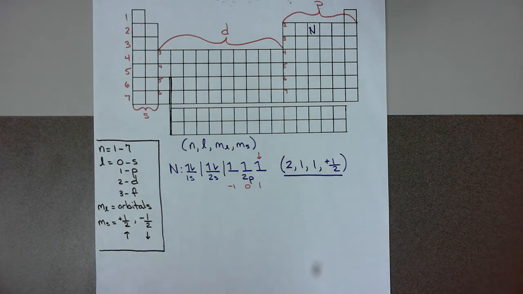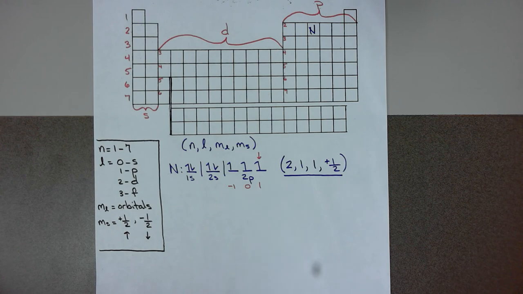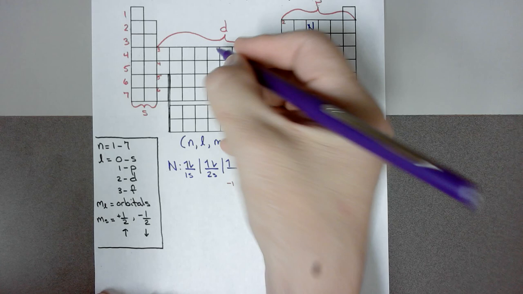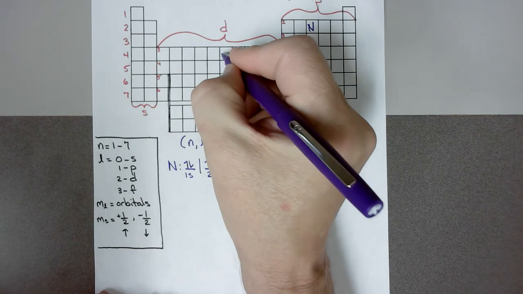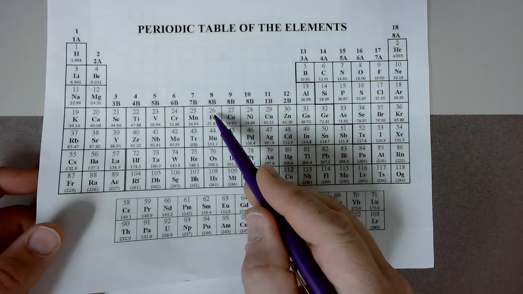Let's take a look at a different element. Let's look at iron in this case. Iron is located right here, and iron has 26 electrons.